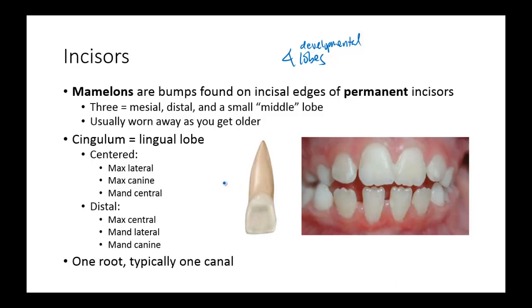And so the cingulum is centered in 3 teeth: the maxillary lateral, the maxillary canine, and the mandibular central. So that's where the cingulum is going to be in the middle. And then for 3 of the teeth, the maxillary central, mandibular lateral, and the mandibular canine, those are going to be offset distally. So we'll see that when we look at the teeth individually. And all these teeth have 1 root, and they typically only have 1 canal.